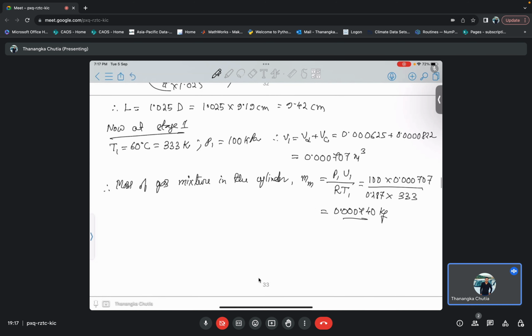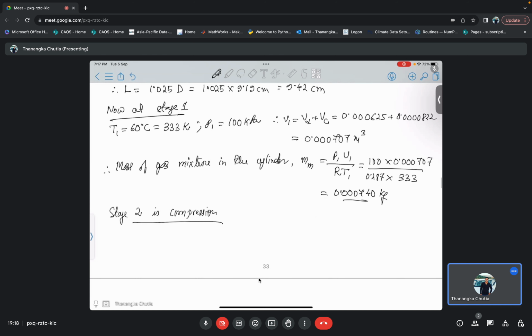Stage 2 is compression. So stage 1 was the start of combustion, now stage 2 is compression. So P2 is equal to P1 into Rk to the power gamma. Till now we know this thing. So what is P1?